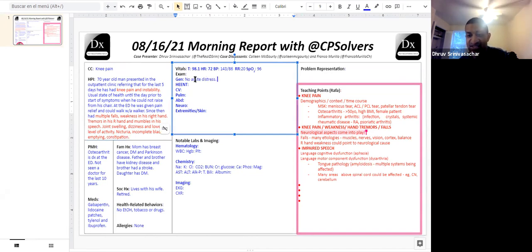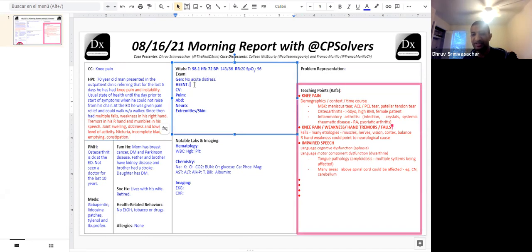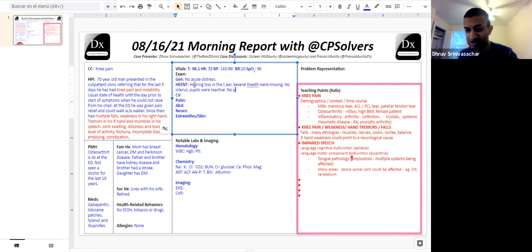His HENT exam, the most notable things were hearing loss in the left ear, and several teeth that were missing from the lower jaw, but otherwise no conjunctival icterus. The pupils were equal, round, reactive to light and accommodation, and his oral mucosa were moist, and the pharynx was without exudates. His neck was supple. There was no jugular venous distension, no thyromegaly.